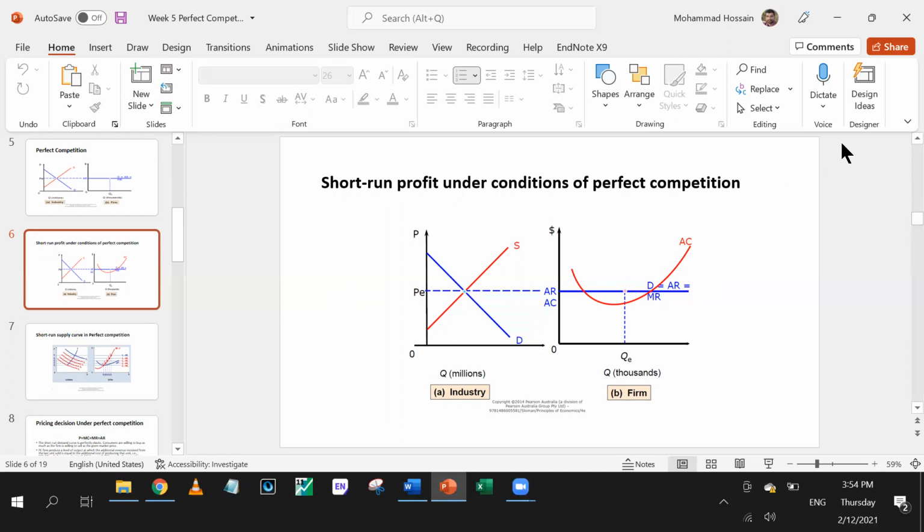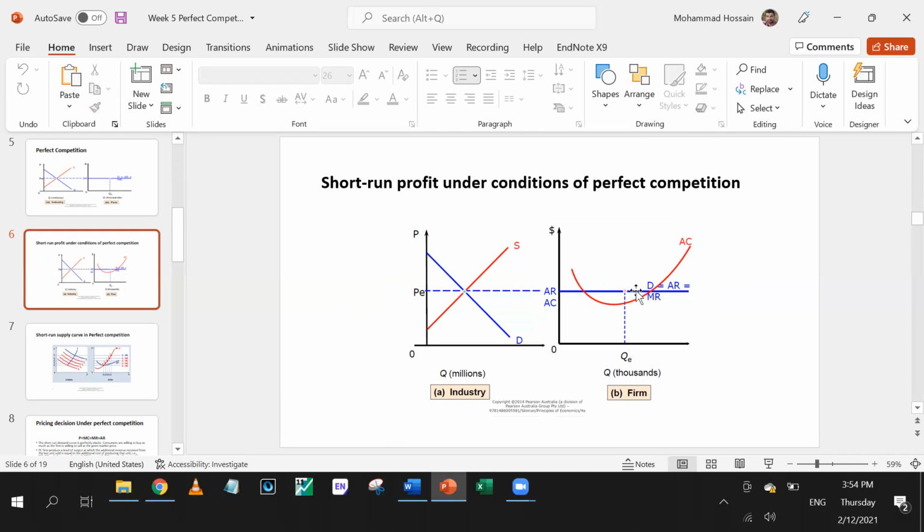As I already discussed before, in a perfect competitive market, price will be equal to your marginal revenue, and it will also be equal to your marginal cost curve too.